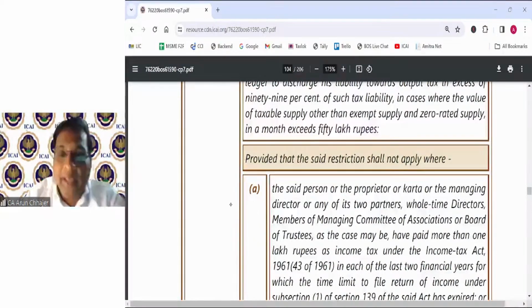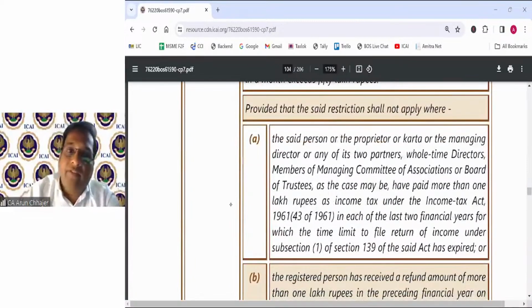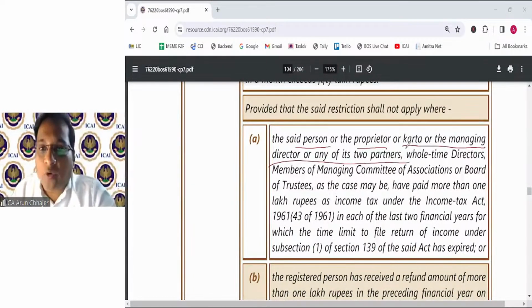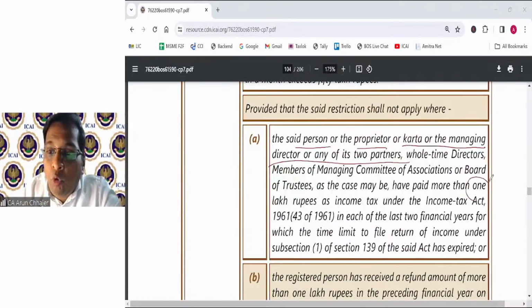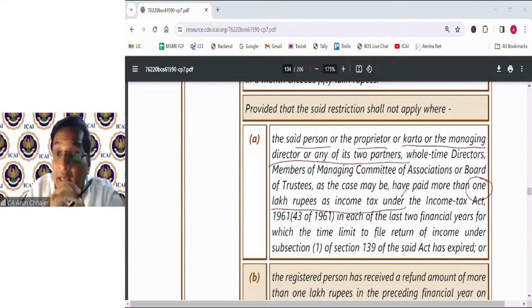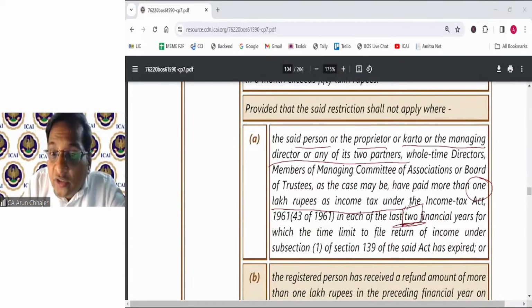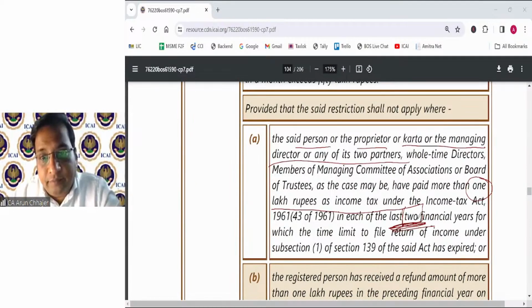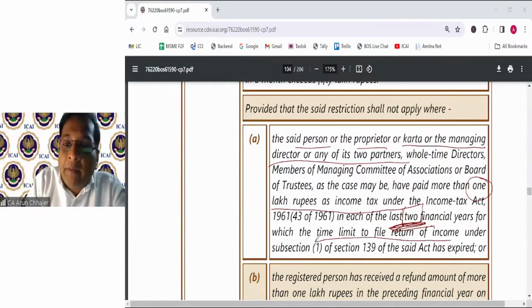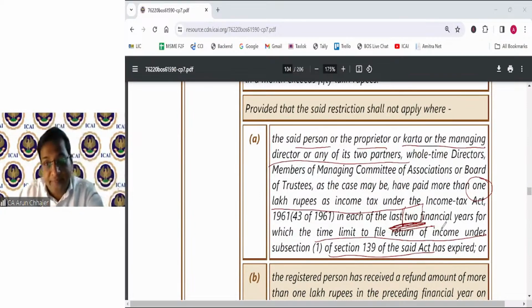If the said person, or the proprietor or karta or managing director or any of its two partners, full-time director, member of the managing committee of association or board of trustees, as the case may be, have paid more than 1 lakh rupees as income tax in each of the last 2 financial years. Which financial year is to be taken into account? The one for which the time limit to file the income tax return has expired.